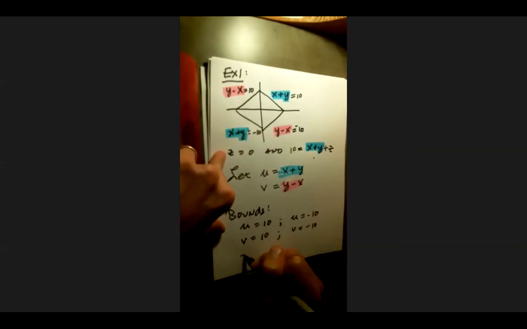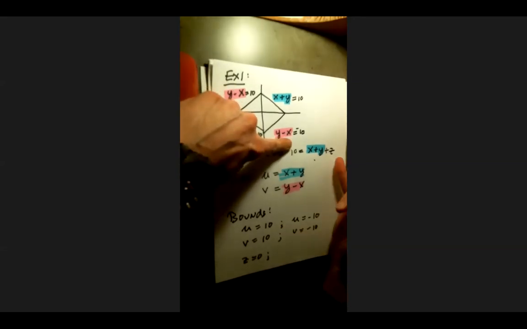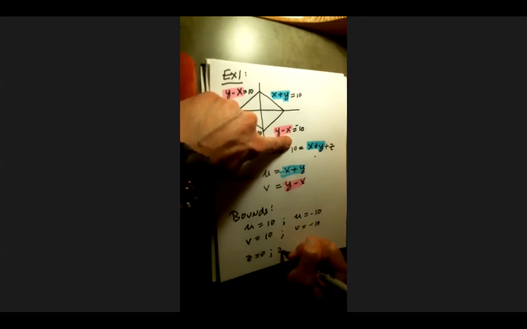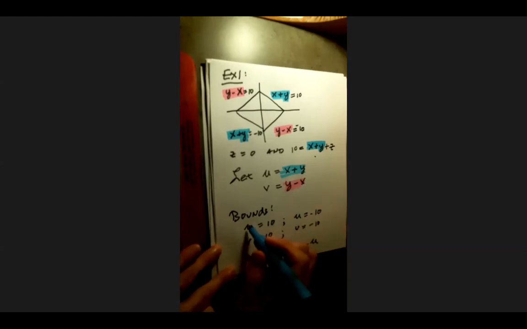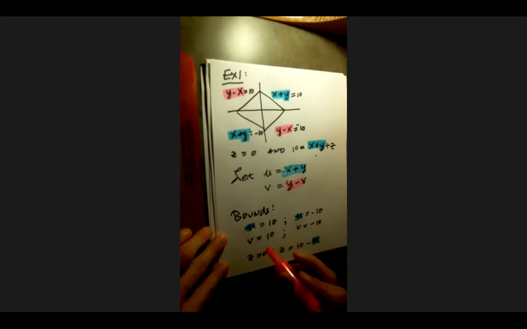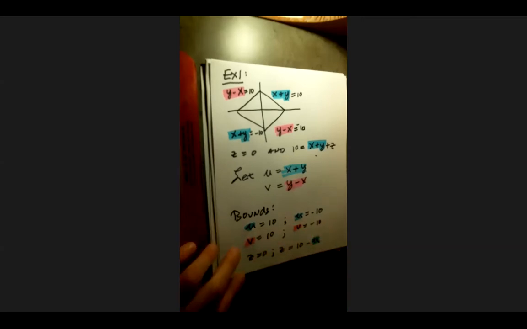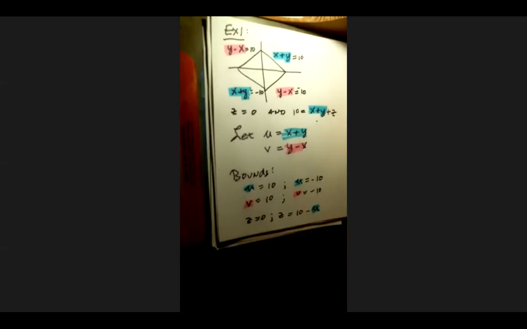And then the plane below is still z equals 0. And the plane above would be, if I solve for z, z equals 10 minus u. Let me highlight. Questions so far?